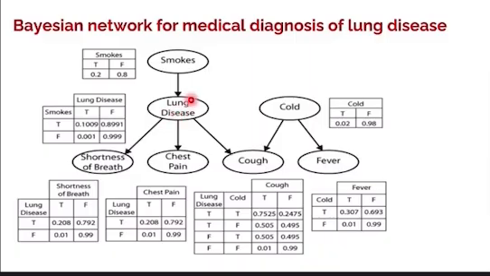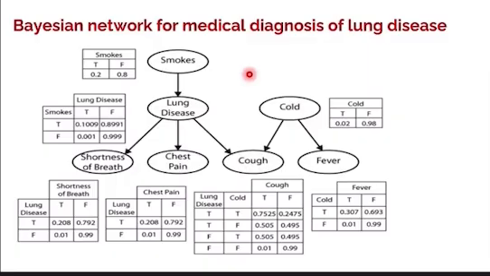There's something I need you to see. We could have a situation where an event has two parents. Take a look at the cough. Somebody who has a lung disease is going to have a cough, and somebody who has a cold is also going to have a cough. That's why doctors need to go beyond simple ways of figuring things out at times, and that is why probability comes into play, because you are seeing somebody who has different diseases having the same symptoms.